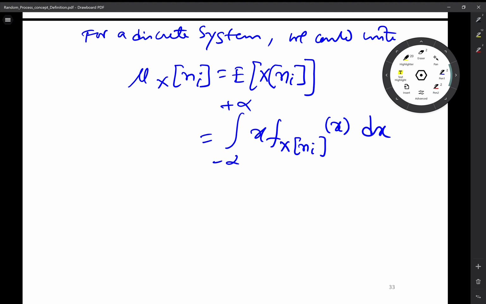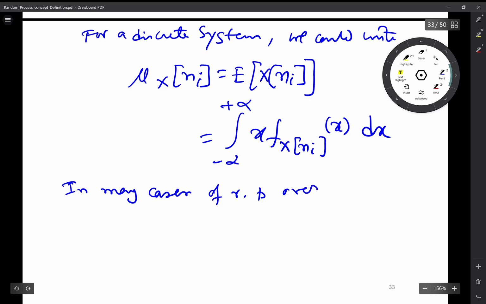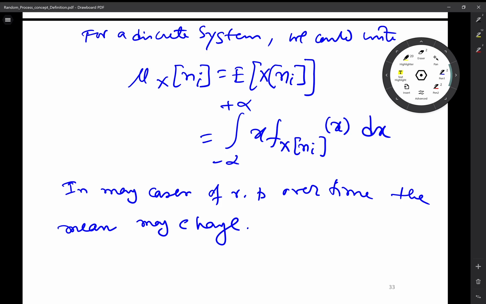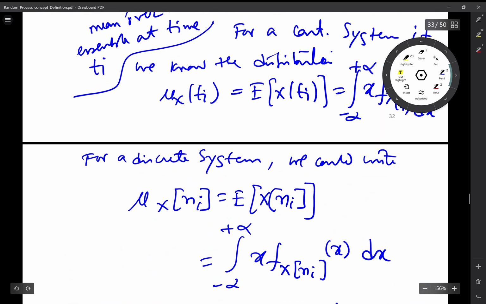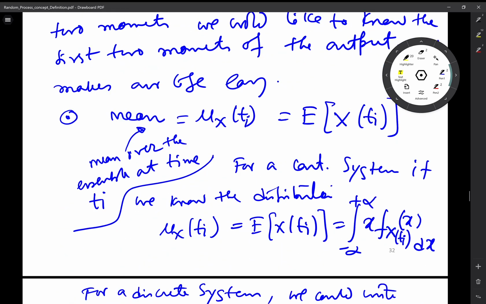Over time, in many cases of random processes, the mean may change, or it may not change. It depends on the random process. So the first characterization is the mean, which is a first order moment.